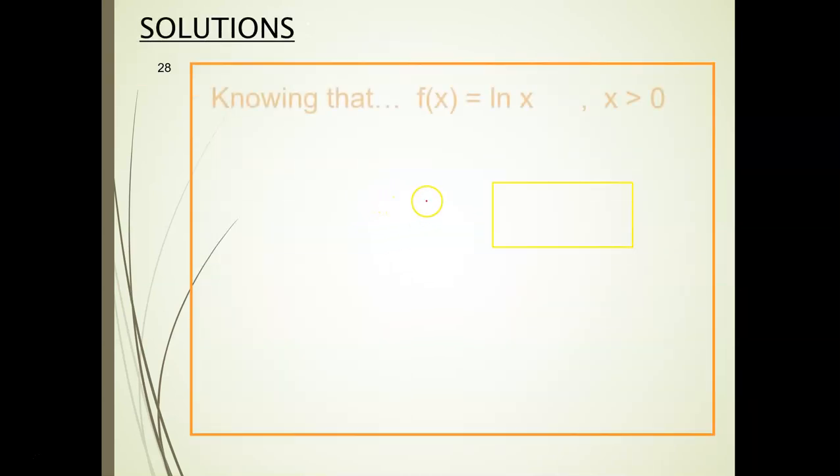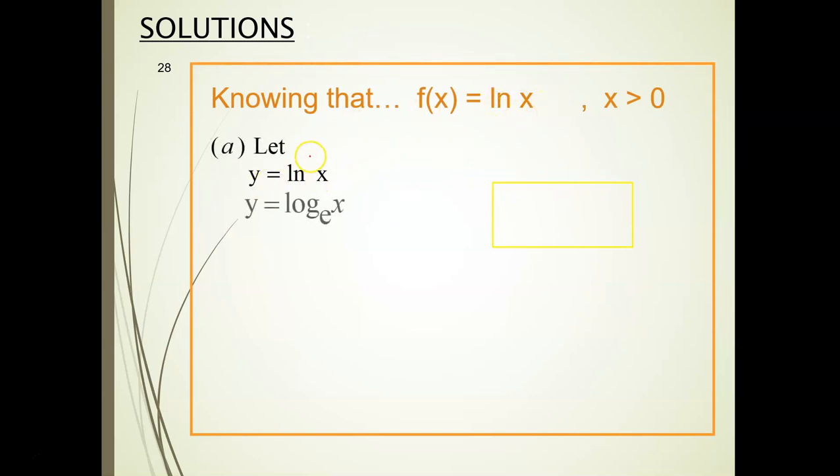So how do we find the inverse? Let's look at how we solve this problem. Knowing that f(x) is ln x, remember ln is actually log e. So in this case, our base is greater than 1. So we change this to log e of x. What is the relationship just now? If a^x, then its inverse will be log a of x.